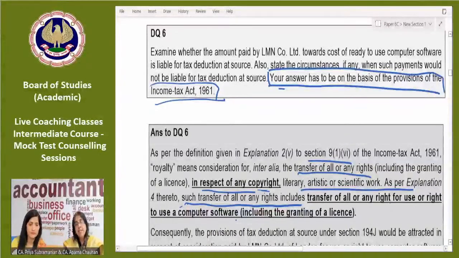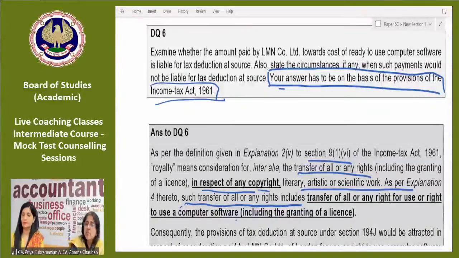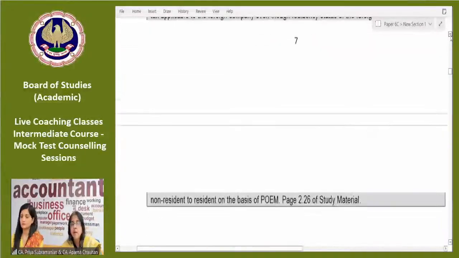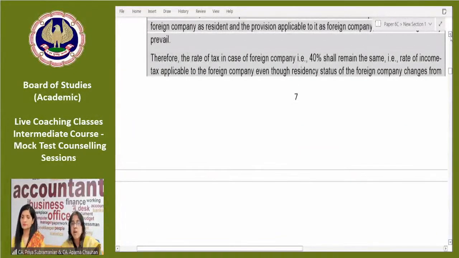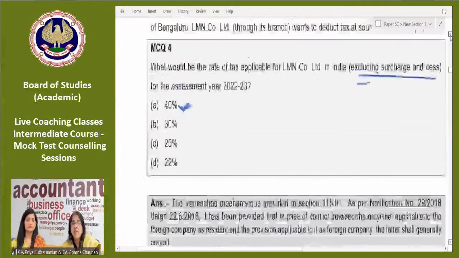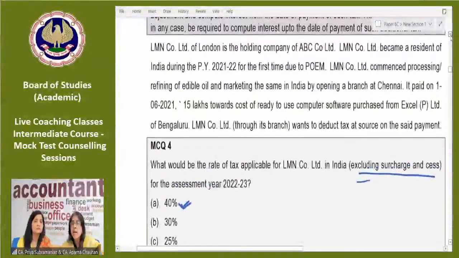So, since it becomes royalty and the amount is paid by LMN Company Limited, to whom is it paid? It is purchased from Excel Private Limited, Bengaluru. It's paid to an Indian company.